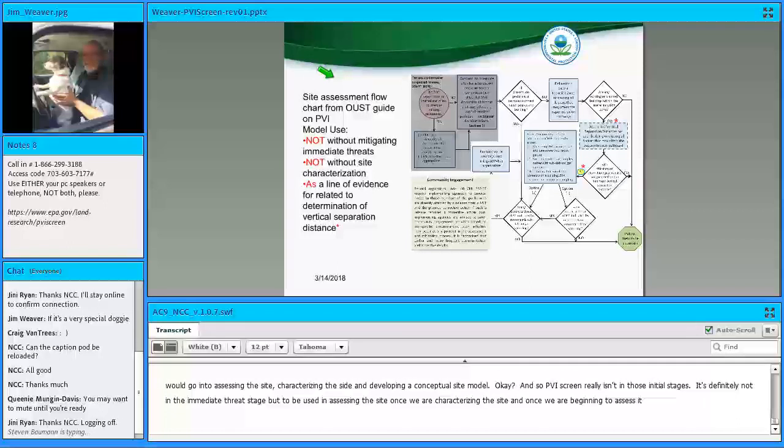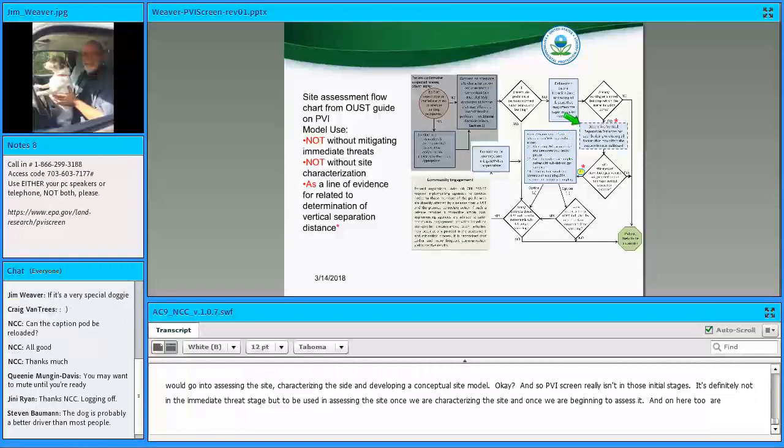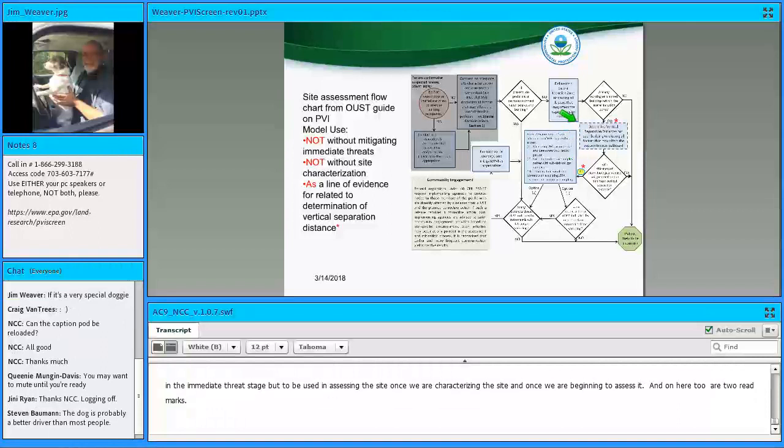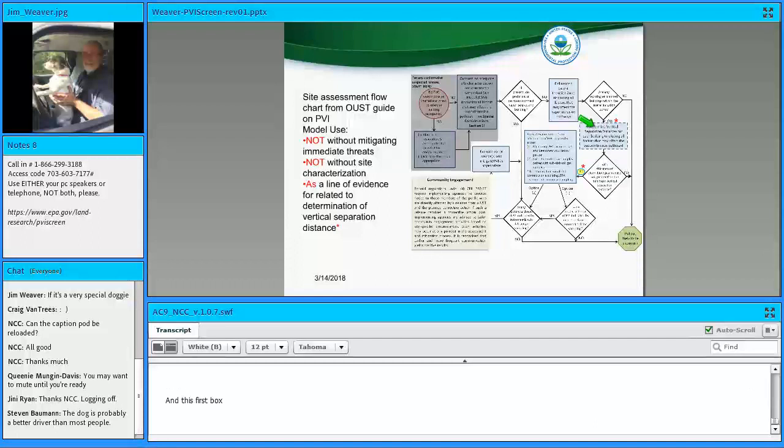Okay, and on here are two red marks. Those are two possible places where the model could be used. This first box that's indicated by the arrow right now is determining a vertical separation distance, because that's one of the things discussed in the guidance. So PVIScreen could be used in parallel with assessing the vertical separation distance.